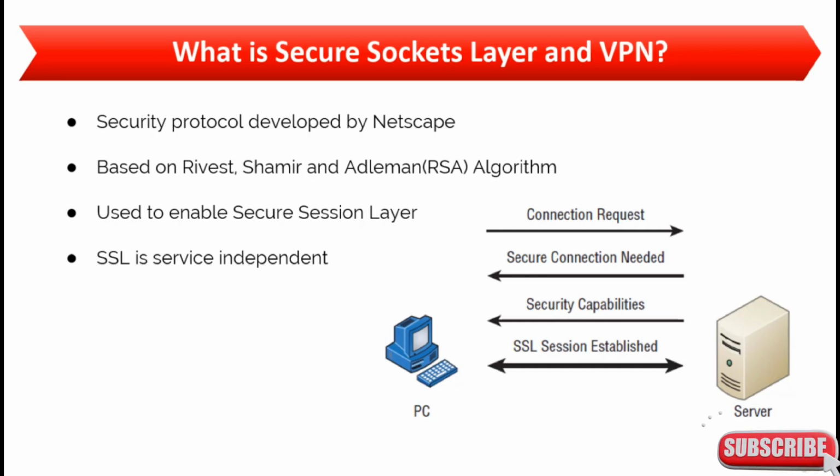Now, as time marched on, SSL was merged with other transport layer security protocols to form a new protocol called Transport Layer Security, TLS, and the latest version of TLS is TLS 2.0, and it provides a number of enhancements over the earlier versions.